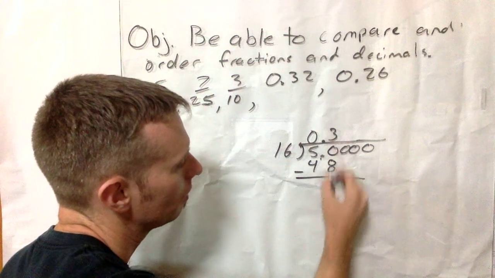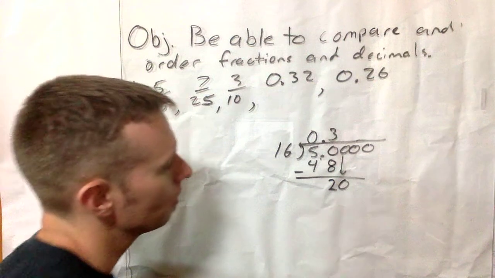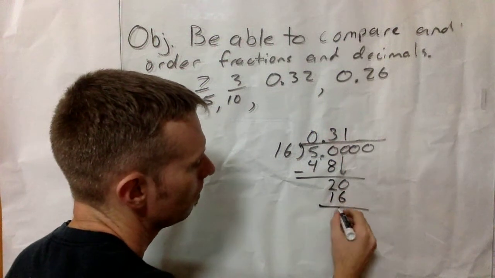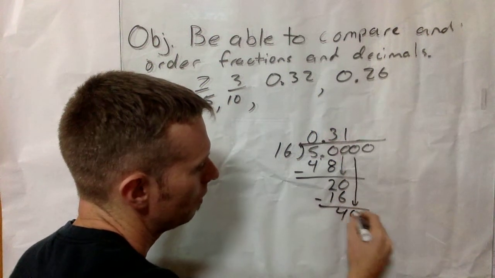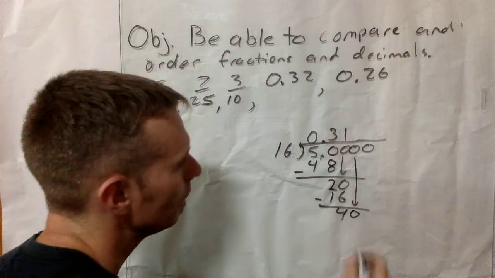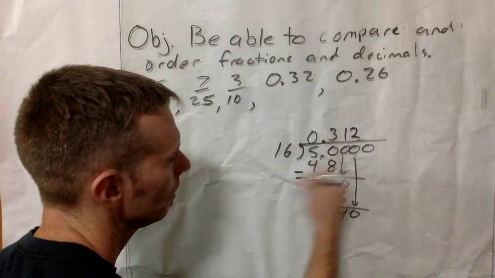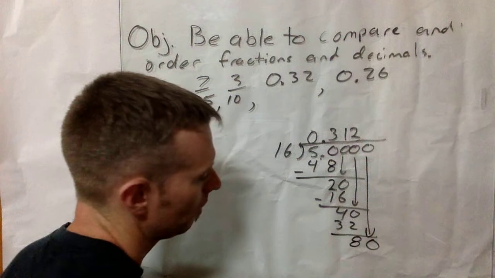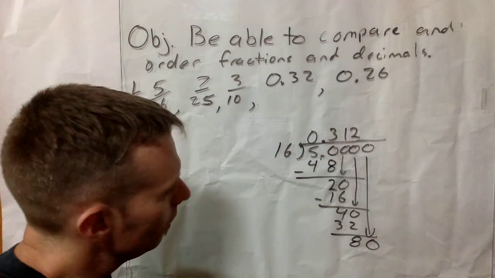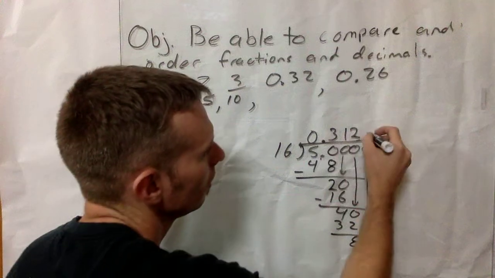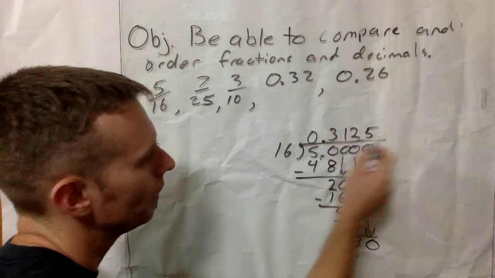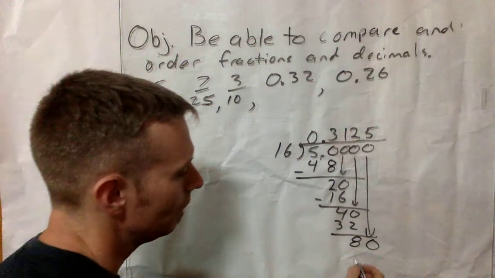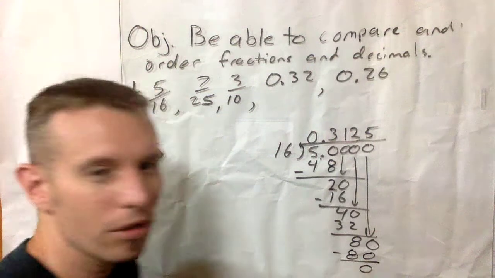Subtract, bring down the 0, this is going to be 2. 16 goes into 20 1 time. 16, subtract, bring down the 0. 16 goes into 40 2 times. 2 times 16 is 32. 8, bring down the 0, and 16 goes into 80 5 times. 5 times 6 is 30. 5 times 10 is 50. 50 plus 30 is 80, so there is no remainder.